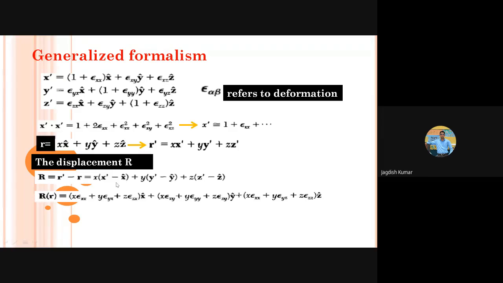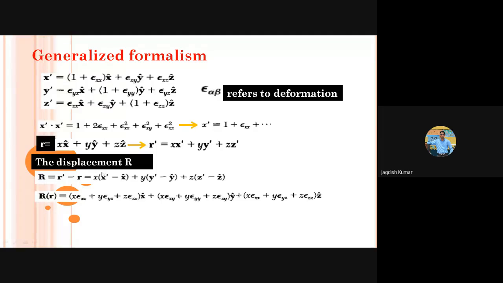Yes. Okay, they have taken certain things common. Then they have arranged all the terms. There will be one term coming from here which will contain x cap, which will be nothing but epsilon xx into x cap, correct? Similarly, there will be another term coming from this y dash minus y cap, that will also be containing epsilon yx.